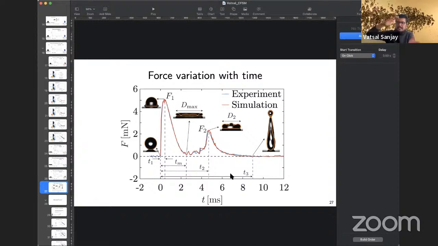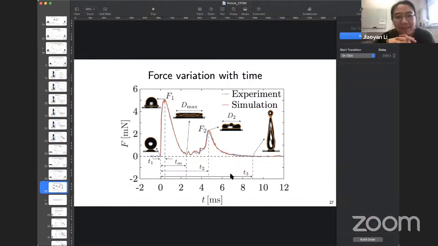So there is an asymmetry between the impact and the takeoff phases, which is not at all captured by these deformation versus force curves. This is one of the examples of where such a theory would fail, and that's why we never tried comparing, because we know that it's not supposed to work.